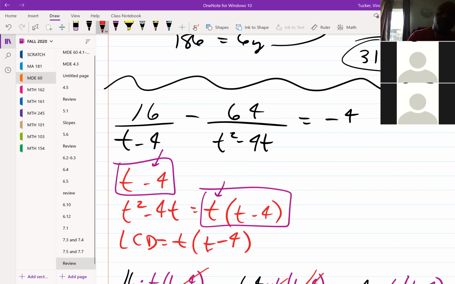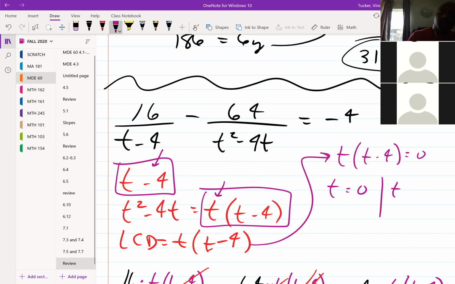When I look at my LCD and I set that equal to 0 and solve it, t equal to 0 and t equal to 4.